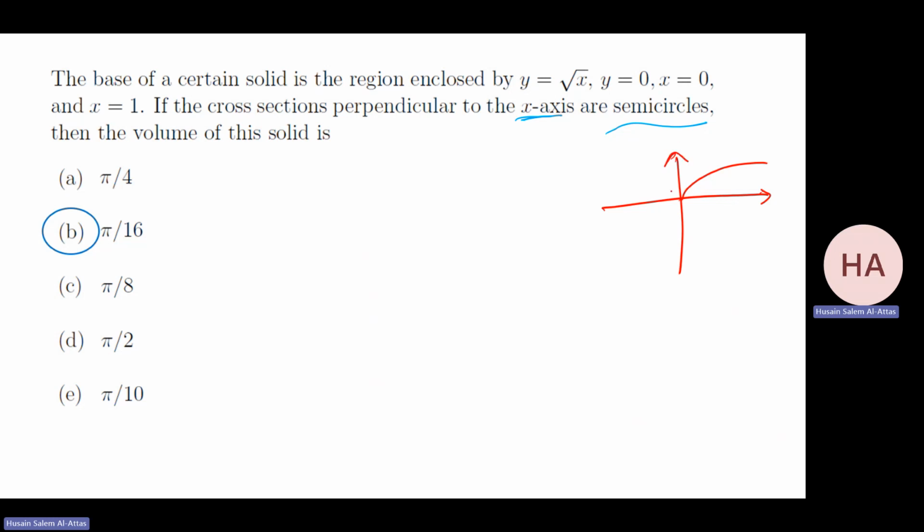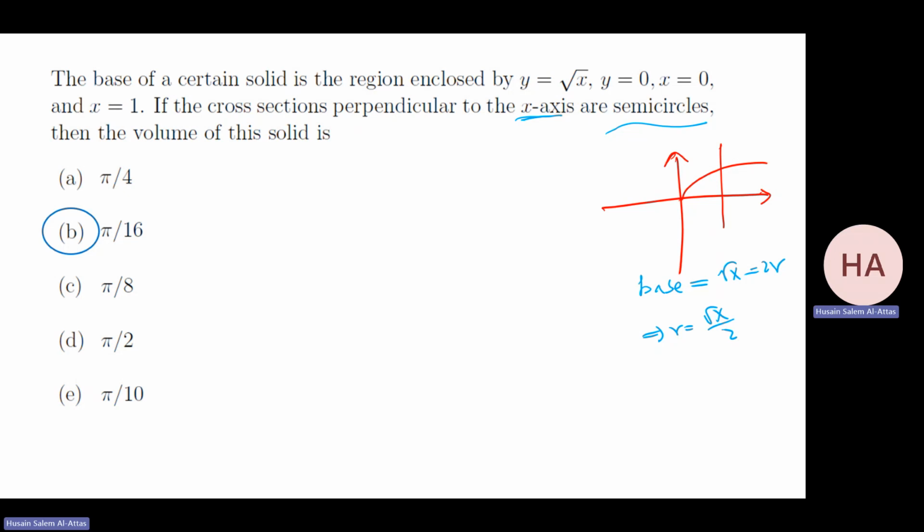X equals 0, the y-axis, and I have x equal 1. So we're talking about this area. So what is the base? The base will be square root of x, and that equals the diameter, so r is square root of x over 2.